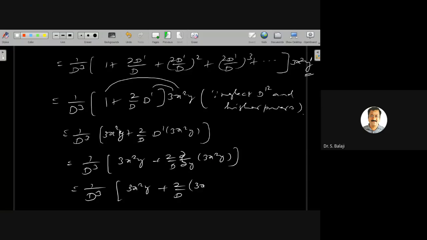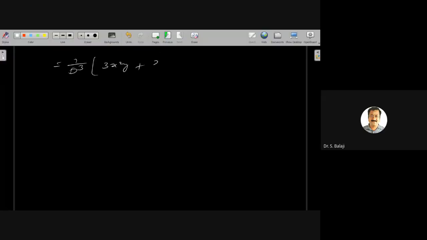Now 1 by d stands for integration partially with respect to x. So we get 1 by d cube of 3x square y plus 2 by d of 3x square.